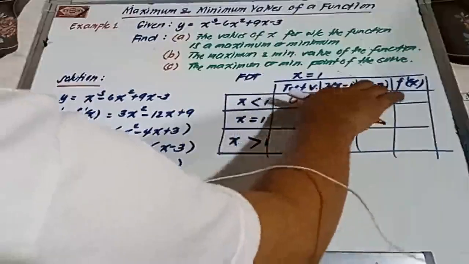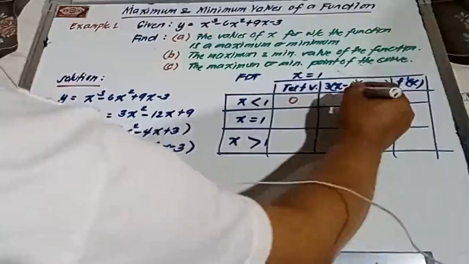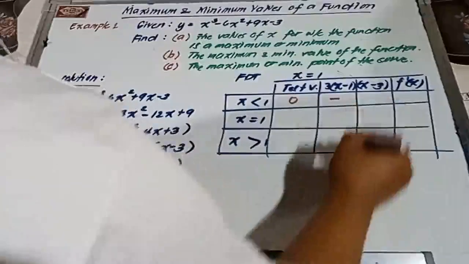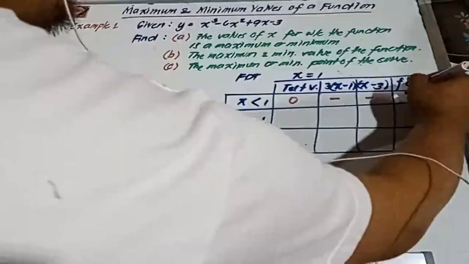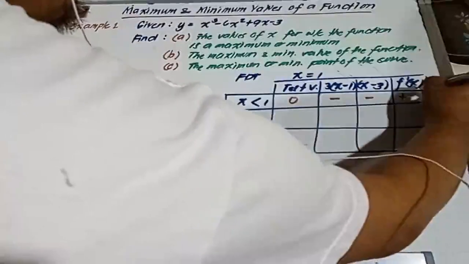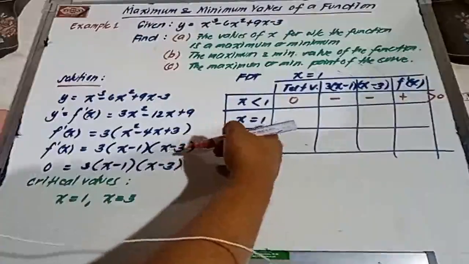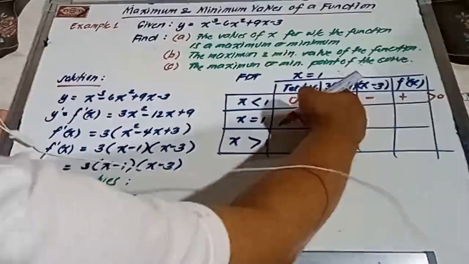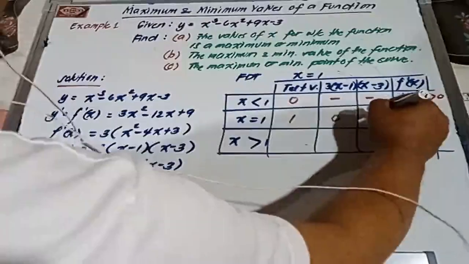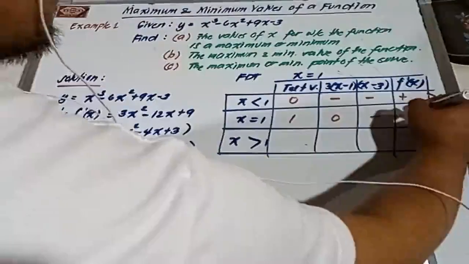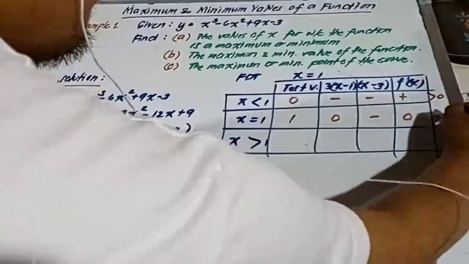If x is 0, this factor is negative. This is negative and this is positive. Ibig sabihin to, this is greater than 0. Okay? And if x equals 1, so of course, 1 ang test value natin. 1 minus 1 is 0. This is negative. 0 times negative is 0, equal to 0.